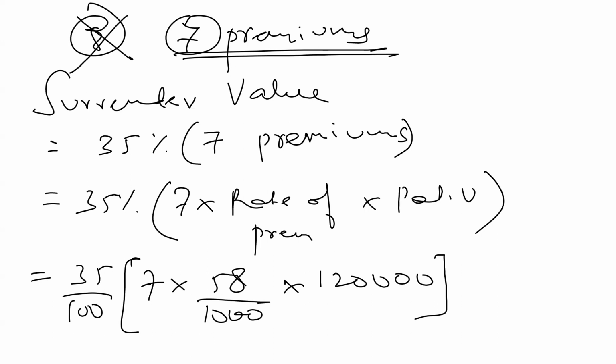It's given in the question itself. Surrender value is 35% of all the premiums paid, but we don't consider the first year's premium. There are a total of 8 premiums which he has paid, but we have to consider only 7 premiums because we do not consider the first year's premium. The premium formula is rate of premium into policy value. The zeros are getting cancelled. This zero and this zero will also get cancelled.